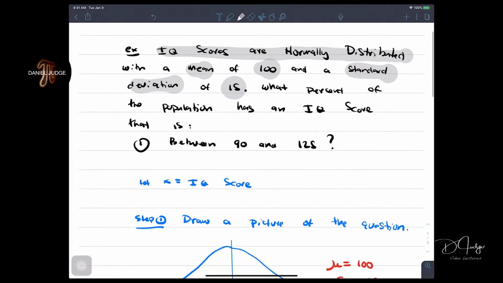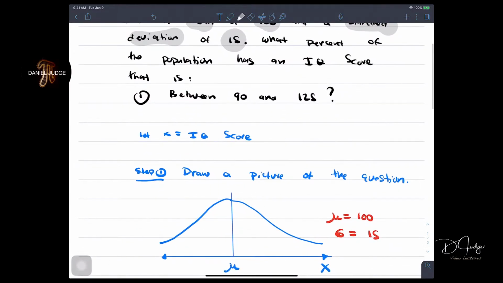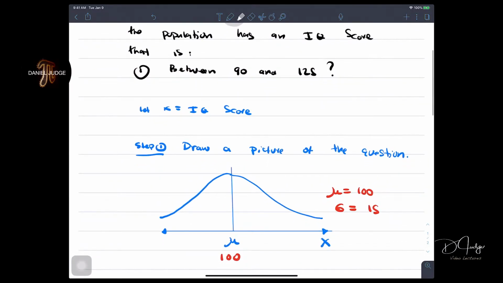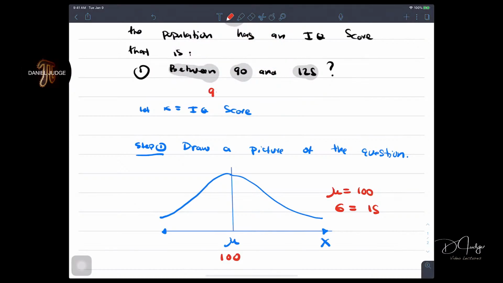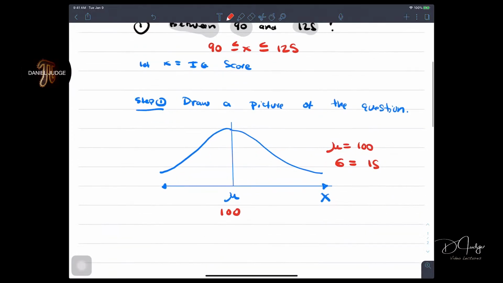So here's what we want to do. We haven't drawn a picture of the question yet, but this is where we're starting, because the question is: what percent of the population has an IQ score that's between 90 and 125? So that means 90 is less than or equal to X, which is less than or equal to 125. So we have to find 90.